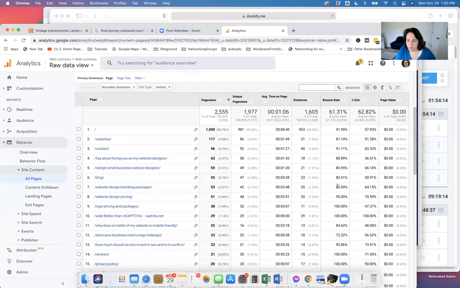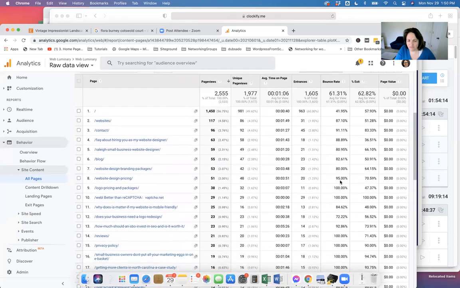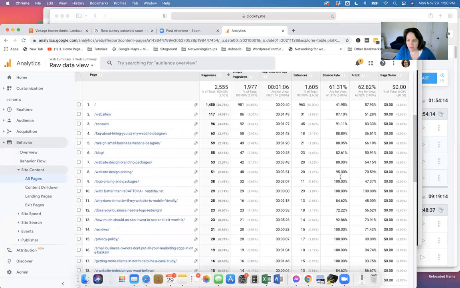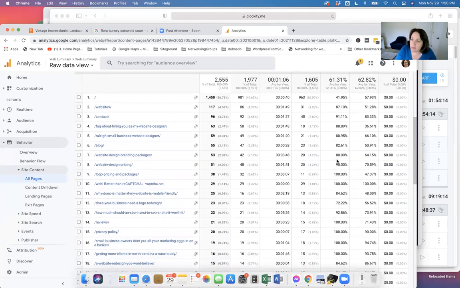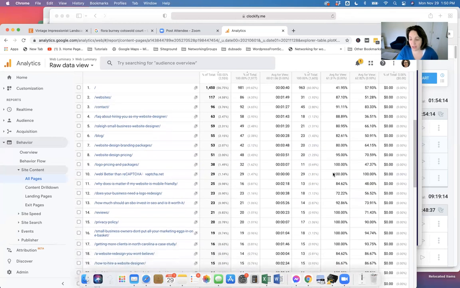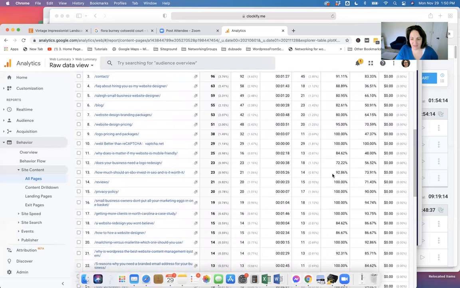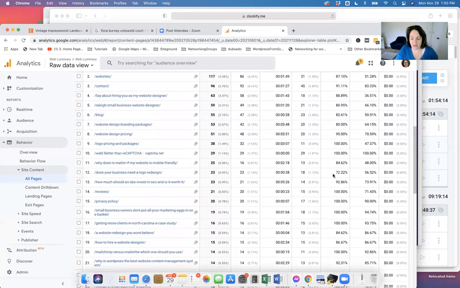I'm told it's good, but anyway, my pricing page has a pretty high exit rate. It might be good and bad. I don't want to attract the $500 clients, so for me, I don't care. Maybe it's attracting the 5% that I want.